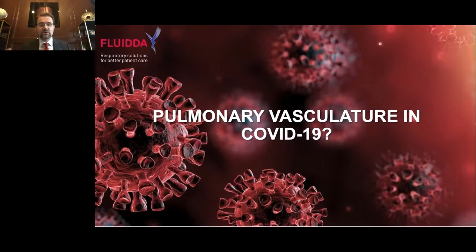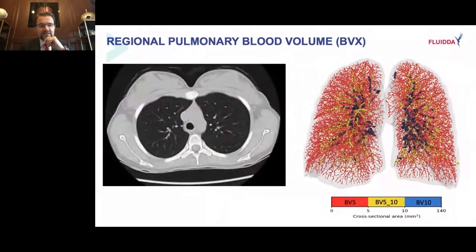So what about COVID-19? Quite early on in the pandemic, it was clear that there was an important vascular condition to this disease. So what we started doing was trying to collect images from around the world and then really perform a 3D reconstruction of the pulmonary vasculature and then look at the subcompartments.